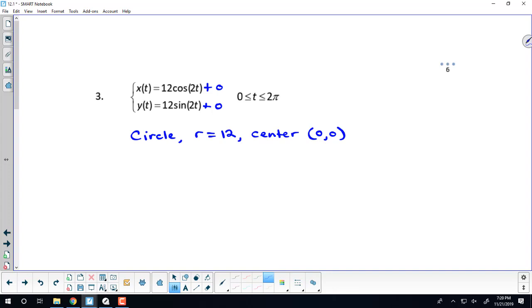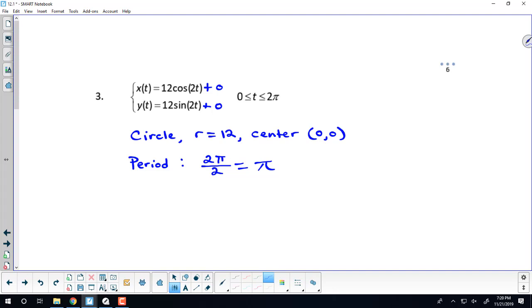And then there's other things we can describe depending on what it wants us to describe. How much of the circle is generated with x and y as t ranges from 0 to 2 pi? 2 circles. What do y'all think? So the period, which is how much of the circle, is 2 pi over b. Our b is 2. So a full circle is generated every pi units, but t is going from 0 to 2 pi.